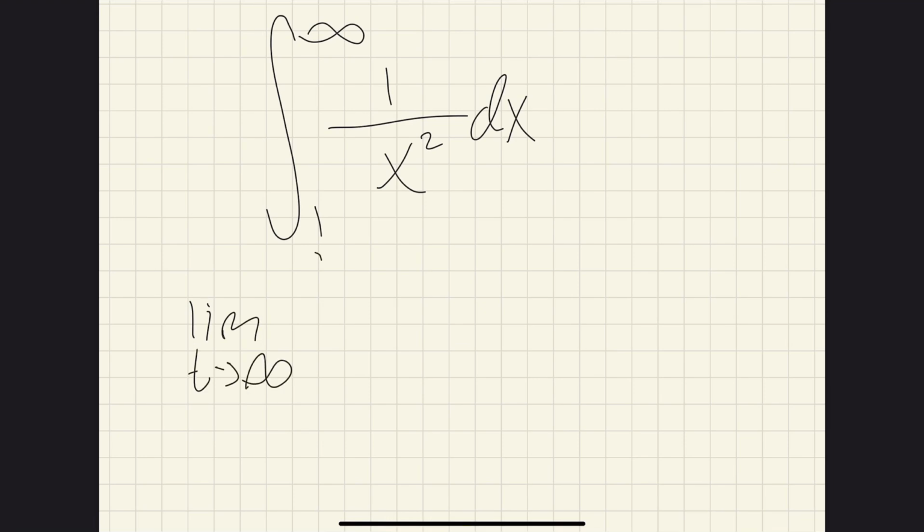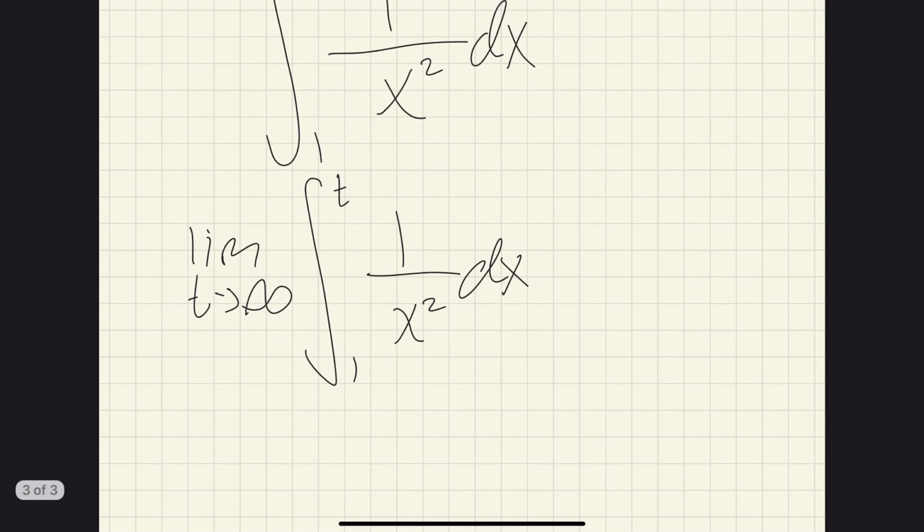So what you're always going to want to do at first is rewrite your integral, but make a limit with a number, or a letter. I made it t. It can be anything. And sub it in for your infinity. So now we just have the same integral otherwise.